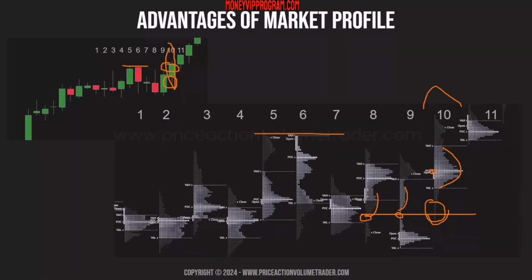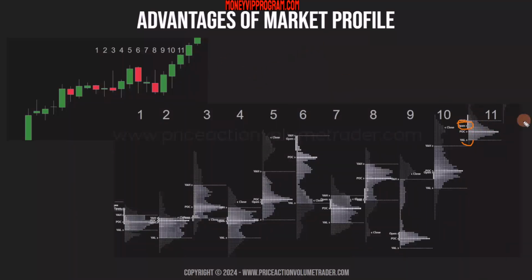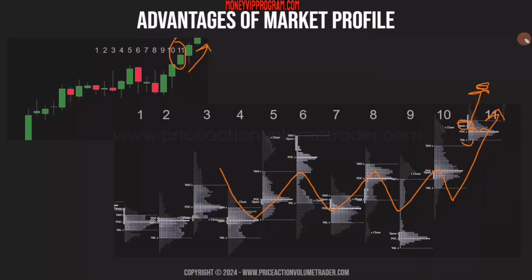If we looked at a volume profile as well, we could see how we've been building volume. Then on the next one, we opened right on top. We came down, pretty much just a retest on the bottom. Then we ended up building value down here, but closed right in the top area on number 11. And now we went from a balanced environment into an imbalanced, trending environment.